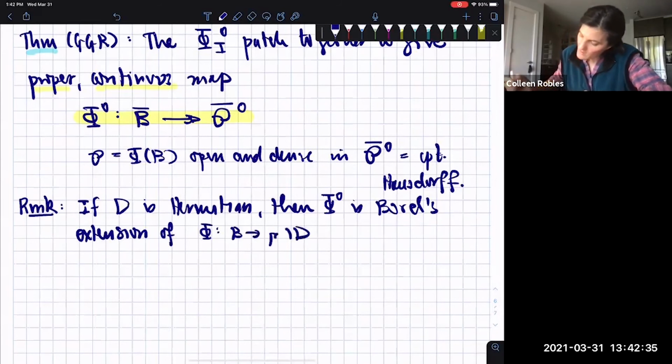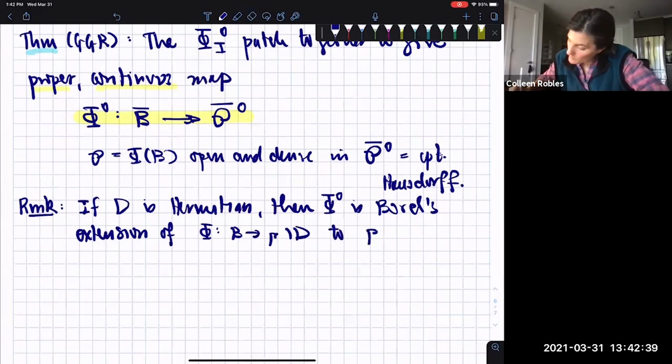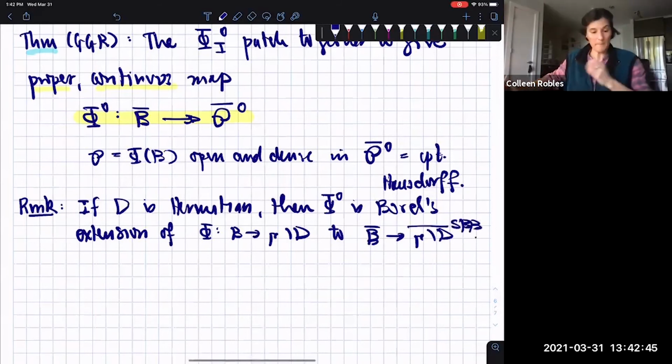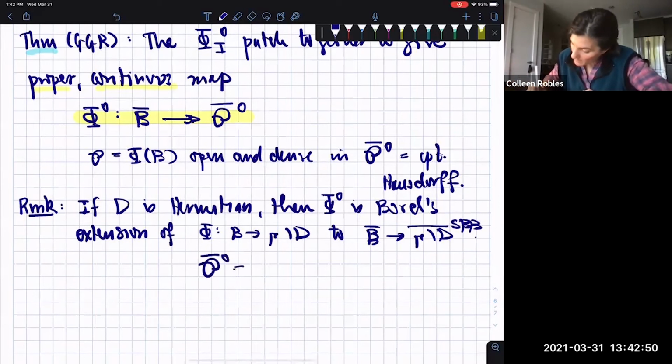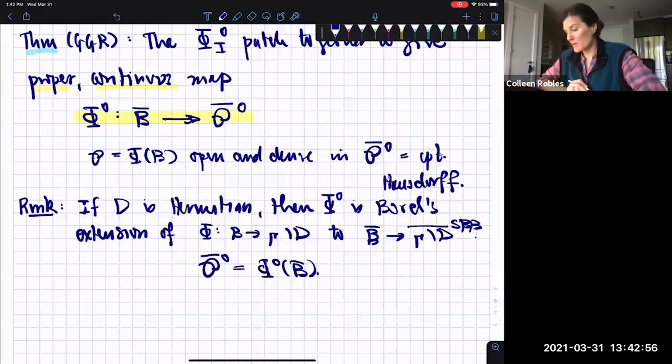Well, if D is Hermitian, and I guess gamma is arithmetic, to B bar and the Satake-Baily-Borel compactification. Okay. And then in that case, this P bar naught is the image of that extension.